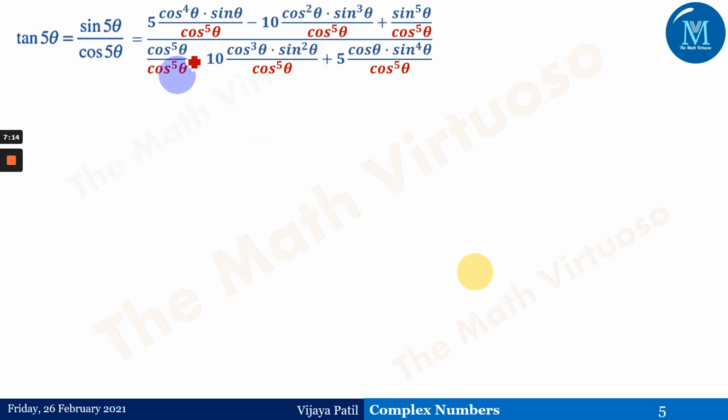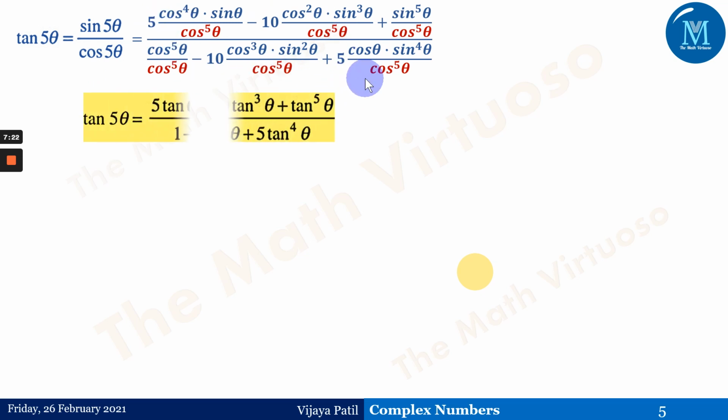Let me take the next page also, the similar thing. So tan 5 theta is sin 5 theta upon cos 5 theta, which is this term we have got here. Now if we simplify further, it is cos to the power 5 theta, cos to the power 4 theta. So the first term remains here with 5 sin theta upon cos theta, which gives us tan theta. Similarly minus 10, the second term would be cos squared with cos to the power 5.